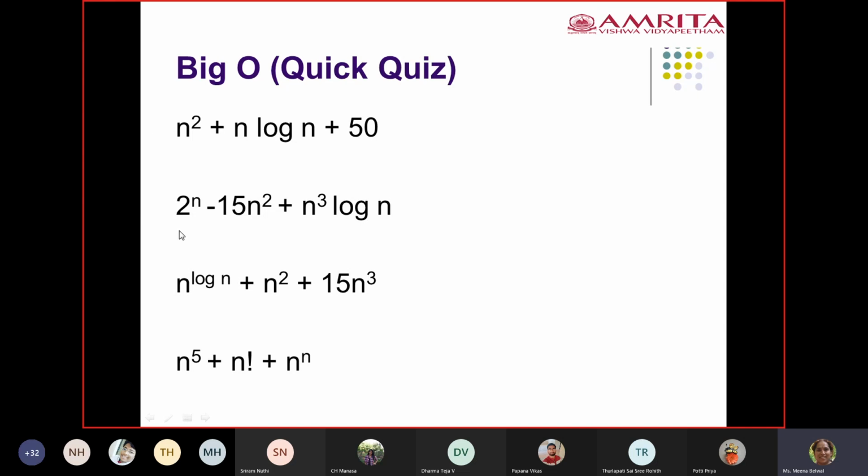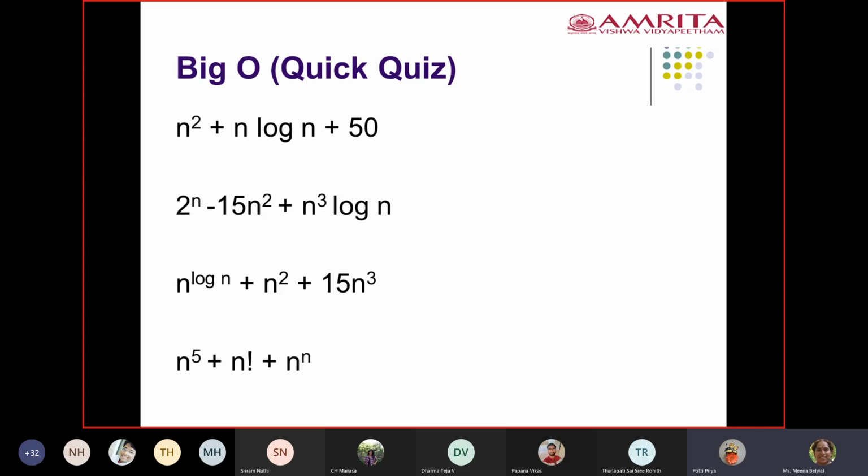Okay, so the next question. 2 to the power n minus 15 n square plus n cube log n. Yes, 2 power n. Please say your name also. Priya, ma'am. Priya, you explain why it is 2 to the power n. Because any exponential dominates any polynomial, and here we are having n cube log n.